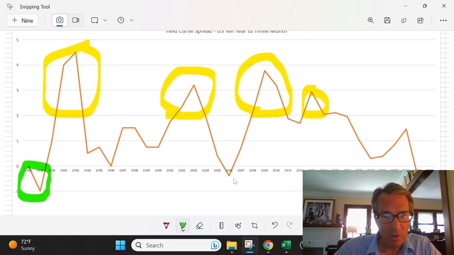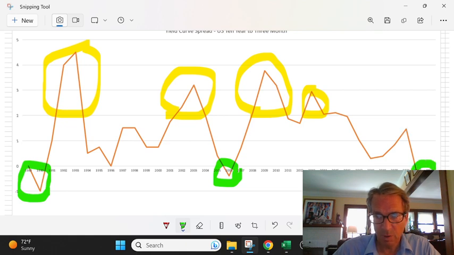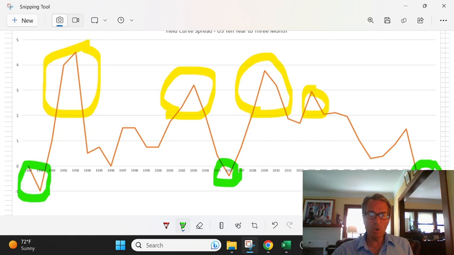Likewise here, at year-end 2005, when the market went into a negative yield curve, at the end of 2006 the stock market was lower. And here is kind of a unique situation, because we ended 2022 lower.